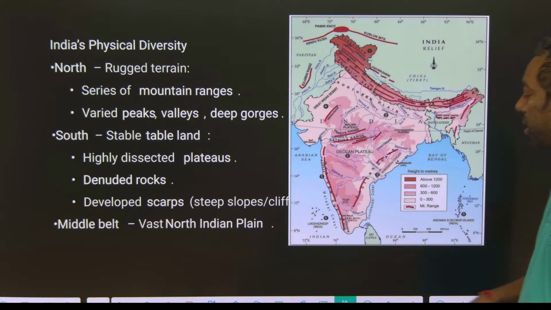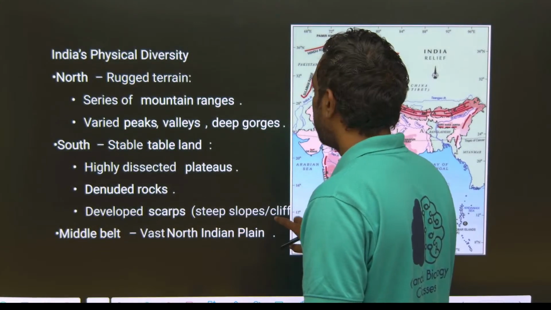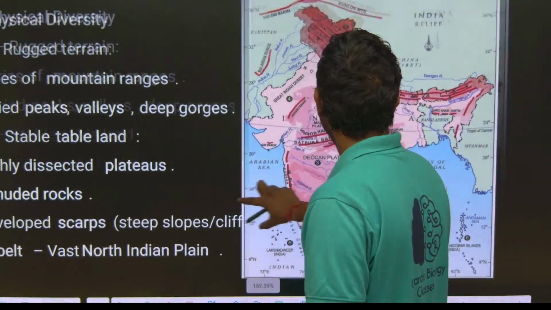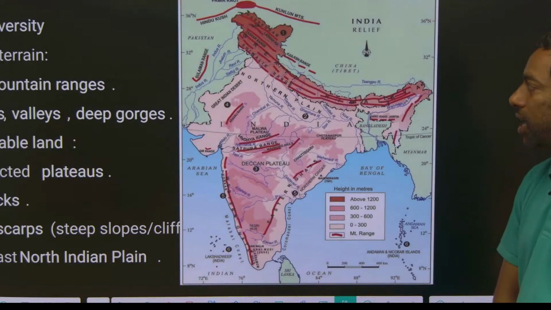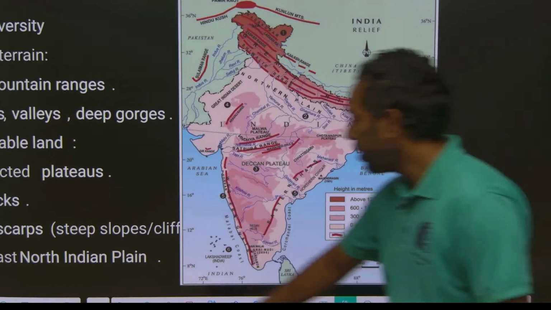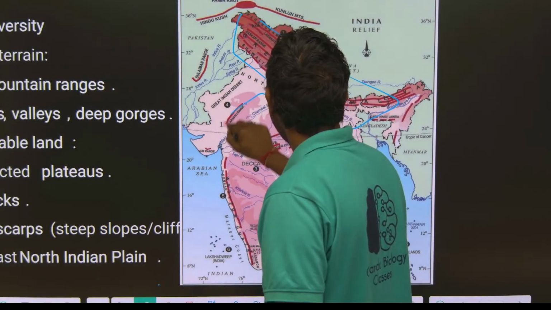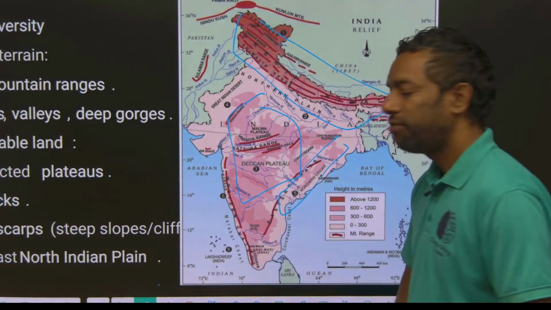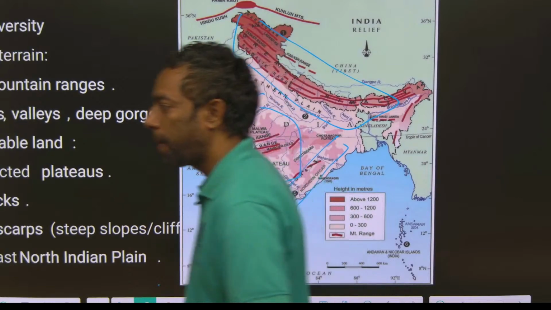This is about the three main areas of India's features. North is the Himalayan ranges, the middle is the plain, and the plateau is here. We are going to discuss each and everything later, guys.